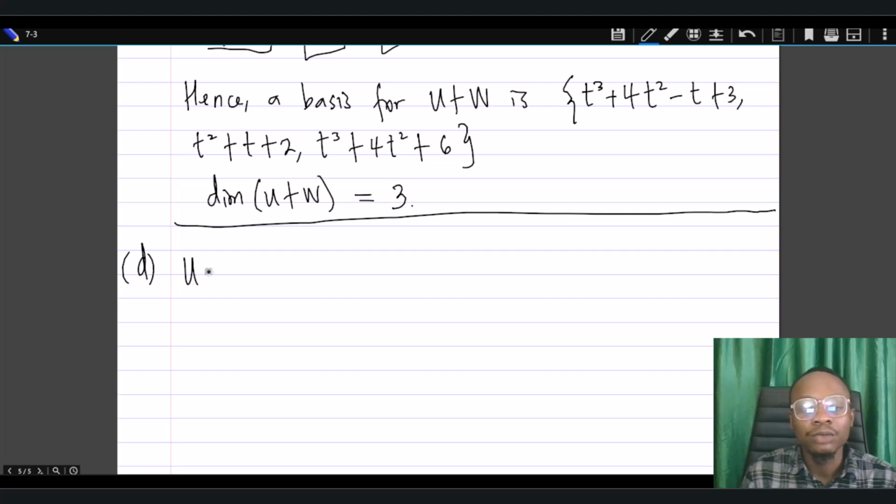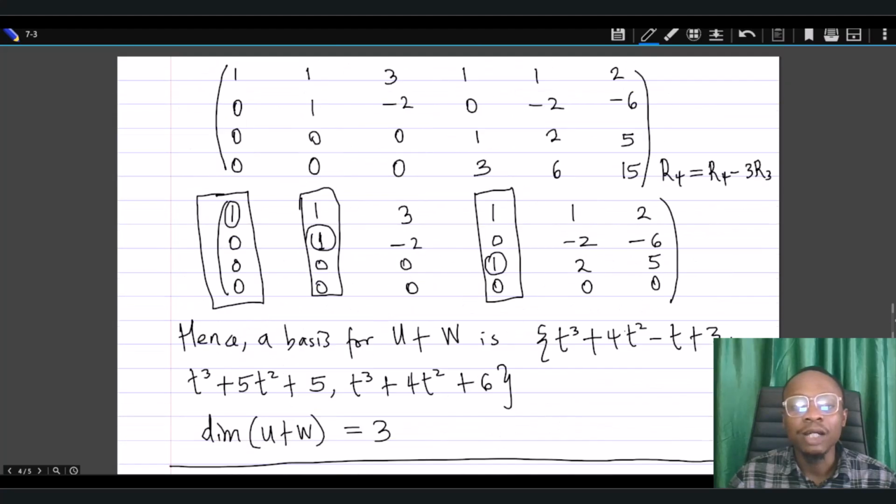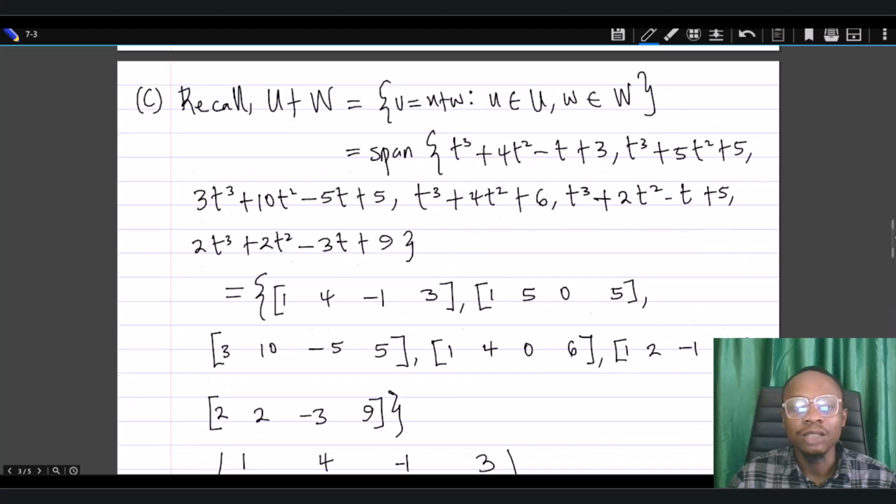So we know U intersection W equals the vector space containing those vectors V such that V is in U and V is also in W. So V is in U, V is in W. That means we can write V as a linear combination of the vectors that span U, and also as a linear combination of the vectors that span W. Because U is spanned by the vectors we have just obtained, we can use them directly here.